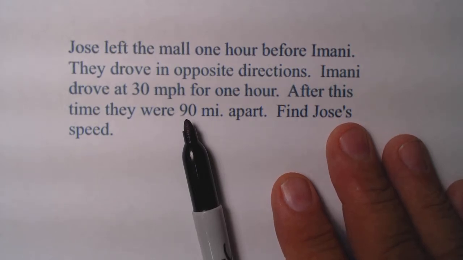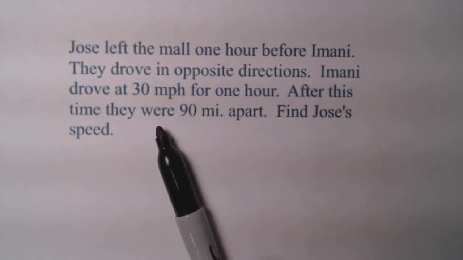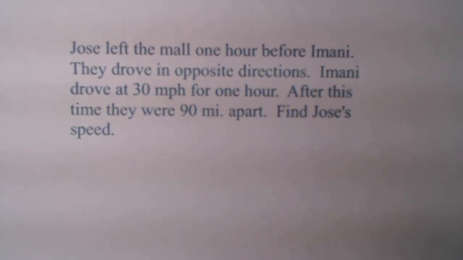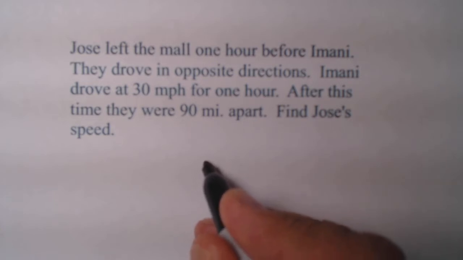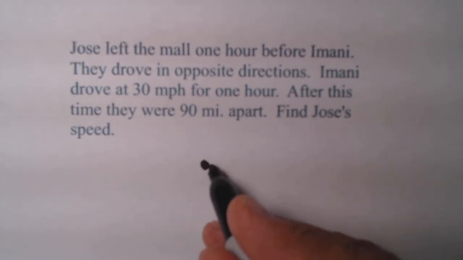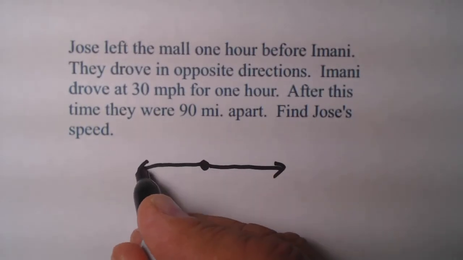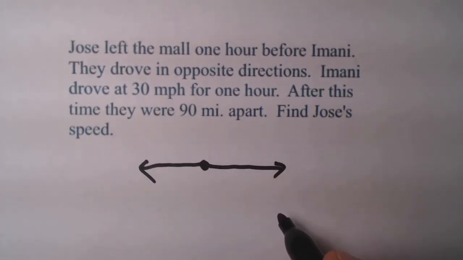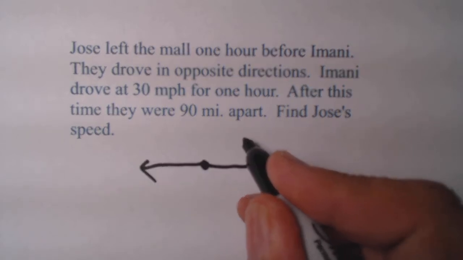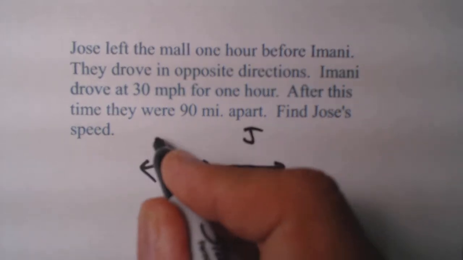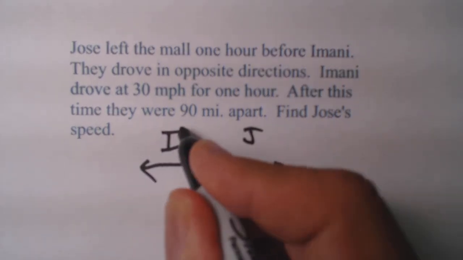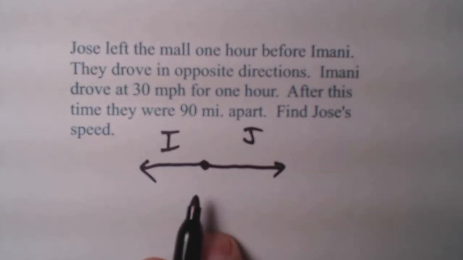They drove in opposite directions. Let's make our sketch. We're leaving the mall, so here's the mall, and they're going in opposite directions. Let's say that this is Jose going this way and Amani going this way.